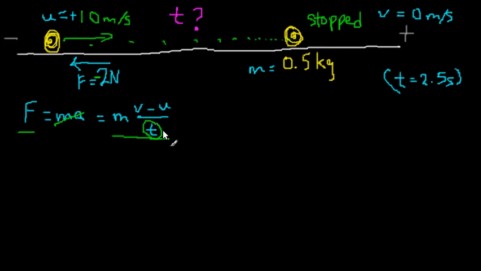I can just cross multiply the F and the t, or I can say I multiply both sides by t and divide both sides by F. In either case, I'm going to get t on the left, and F comes down to the bottom on the right, over F. So that's our algebra here. Just exchange t and F.